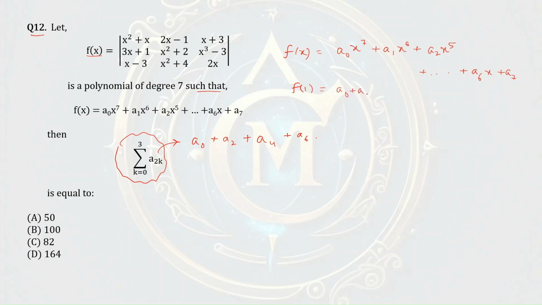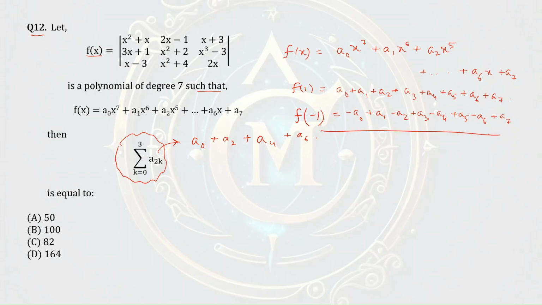So f of 1 will be a0 plus a1 plus a2 plus a3 plus a4 plus a5 plus a6 plus a7. Now here if we put x equal to -1, then it becomes minus a0 plus a1 minus a2 plus a3 minus a4 plus a5 minus a6 plus a7. So the terms will have alternating plus minus signs.